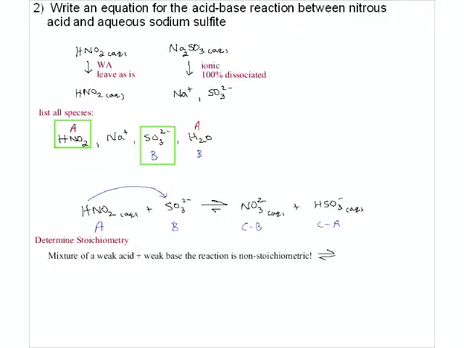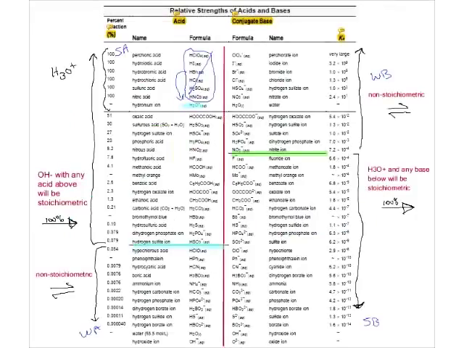We want to compare the acid with the conjugate acid. We're comparing the strengths of the two acids. Which acid wants to break down? So we have to check our table. HNO2 and HSO3 minus. Looking at my table, HNO2 is right up here.